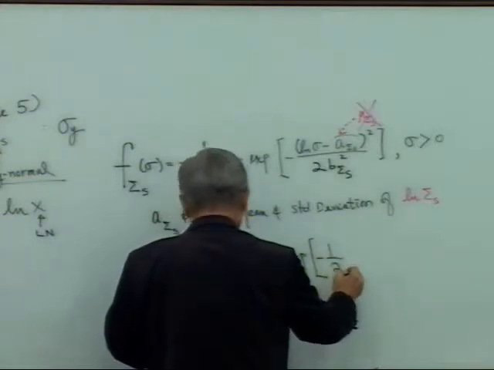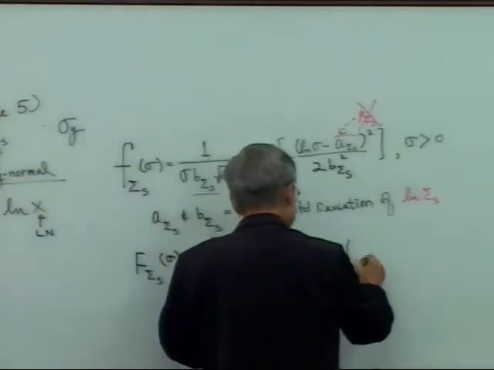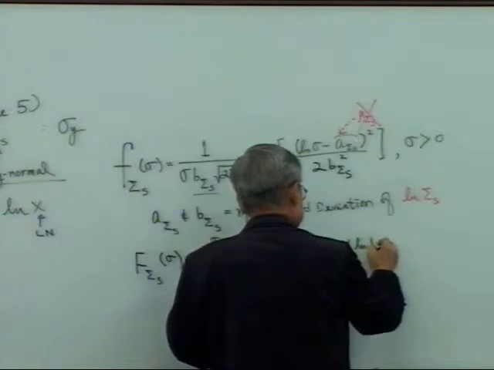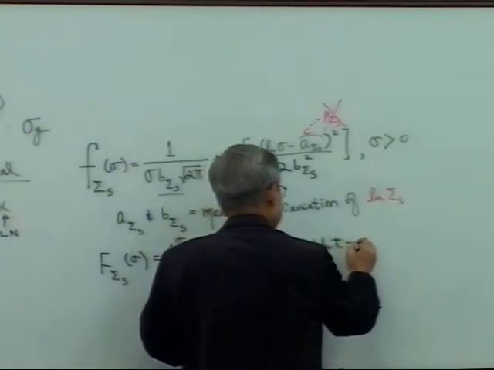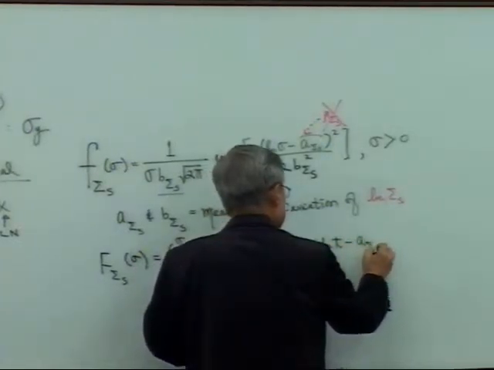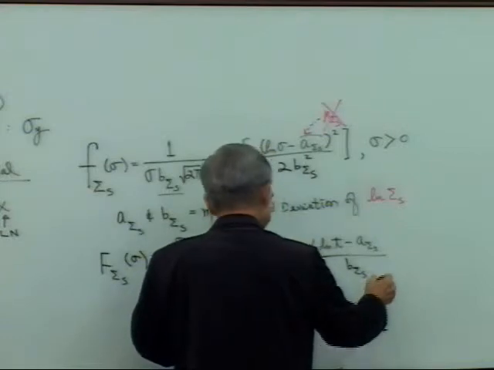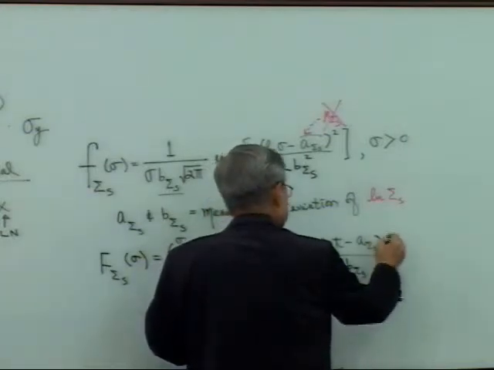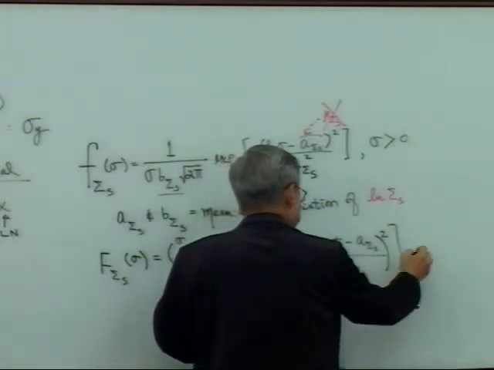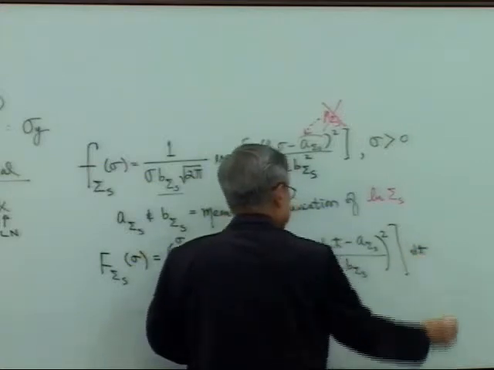After that it is very close, the same: natural log t minus A sigma S, over B sigma S, squared. dt is an integration parameter.